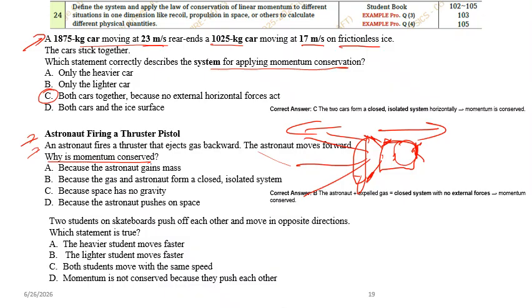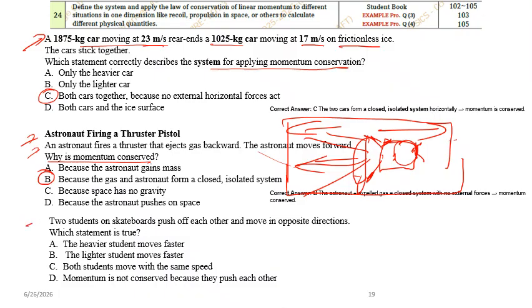So the change in momentum of the gas must be equal to the change in momentum of the astronaut. That is the idea, because the gas and astronaut form a closed system. Yes, exactly. Together this should be considered a closed system, so there are no external forces. If this is moving in this direction, this must move in the opposite direction to conserve the momentum. So which one will it be? B will be the correct answer.